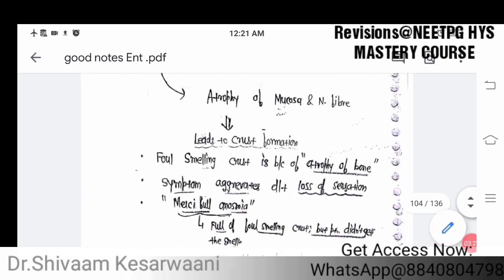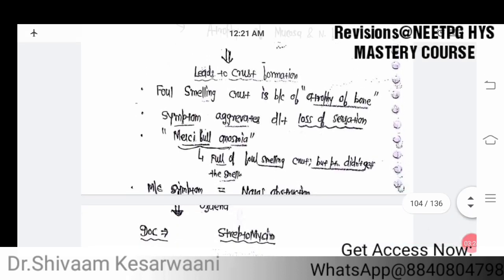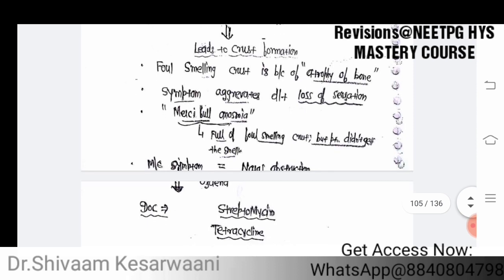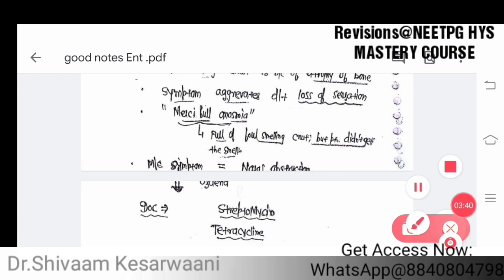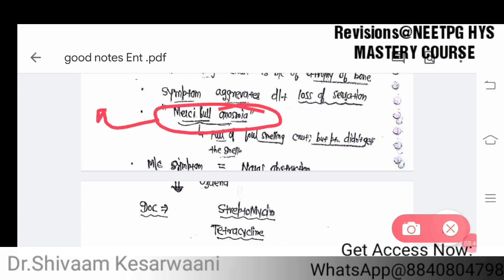It leads to crust formation and foul smelly discharge due to further infection in this crust, that is the secondary infection leads to the foul smelly discharge. But what is seen here is merciful anosmia, because the patient himself is not able to smell the foul smell which is being discharged from his nose.